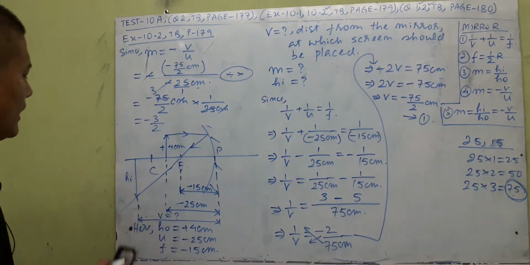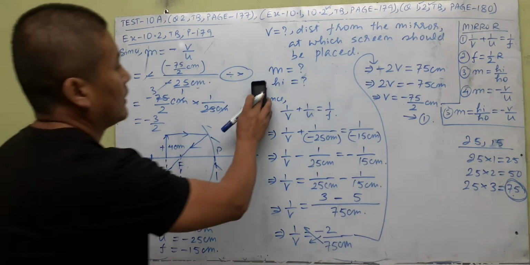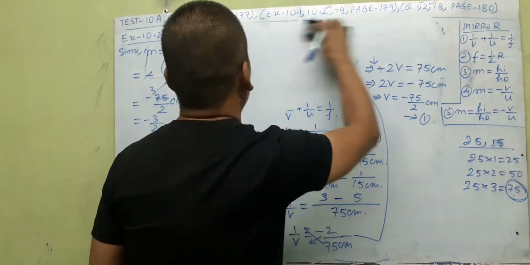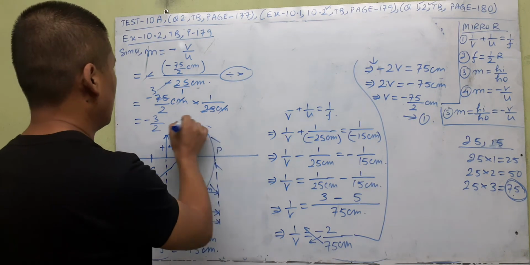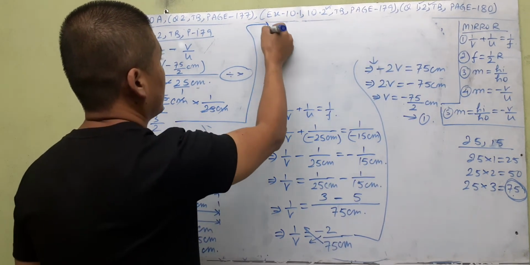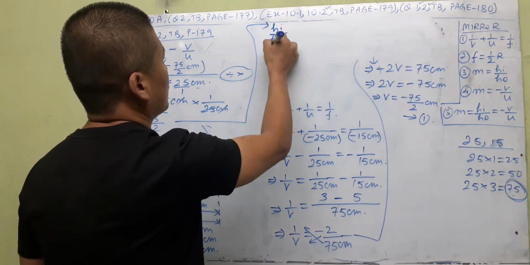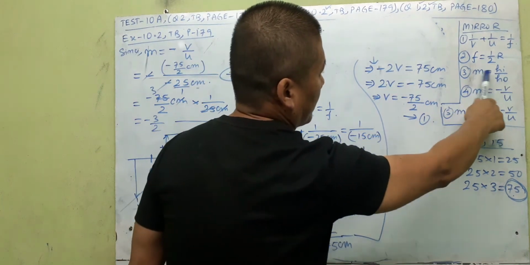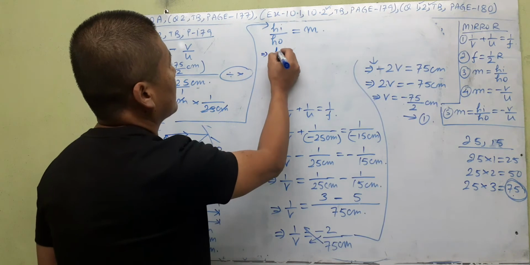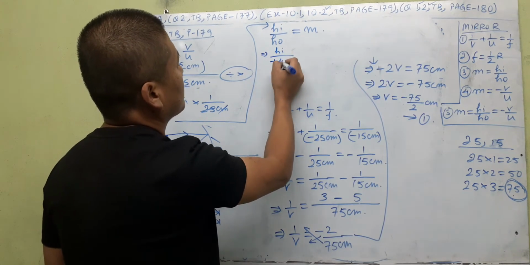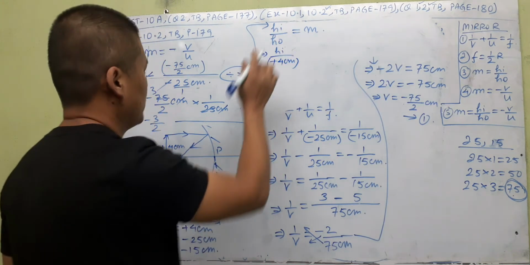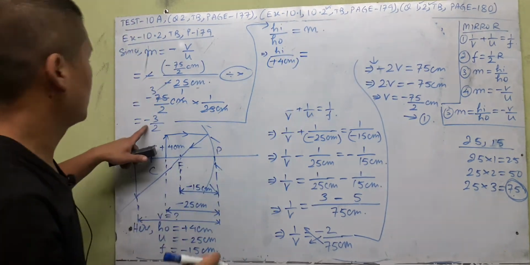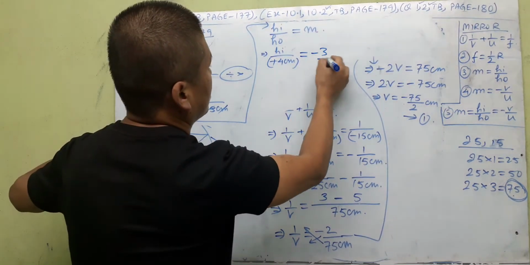Finally, we have to find HI. So let us do that here. HI by HO is equal to M. Then HI by plus 4 centimeter, because HO is 4. M we just found out, minus 3 by 2.